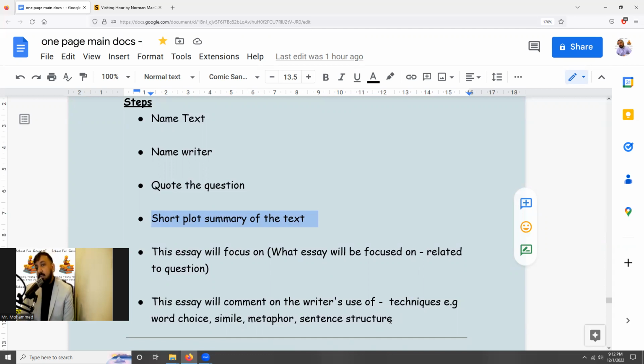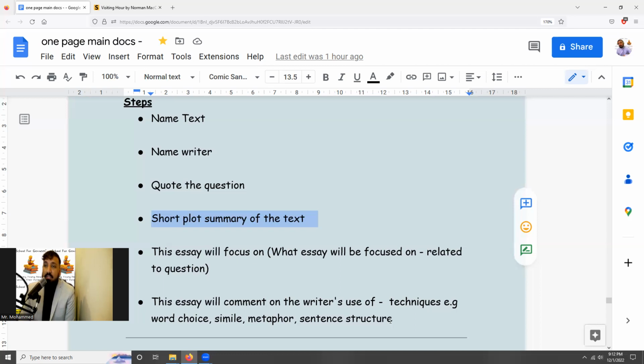If it's, for example, Romeo and Juliet or Othello, Romeo and Juliet, the story follows a couple that fall in love and are not able to be together. It ends in tragedy. Othello follows a general who is married to the daughter of a senator, and so on and so forth. You get the point. Just basically summarize the story.